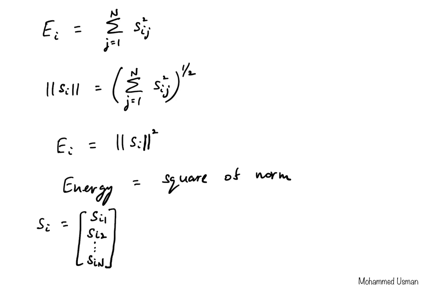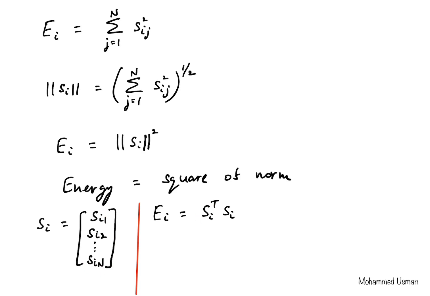So the way of doing that is, let me make a separating line here. If you want to compute the energy Ei, it is basically multiplying Si transpose with Si, and that will give us exactly this representation, which is summation Sij square. The transpose means making the column a row and the row a column.